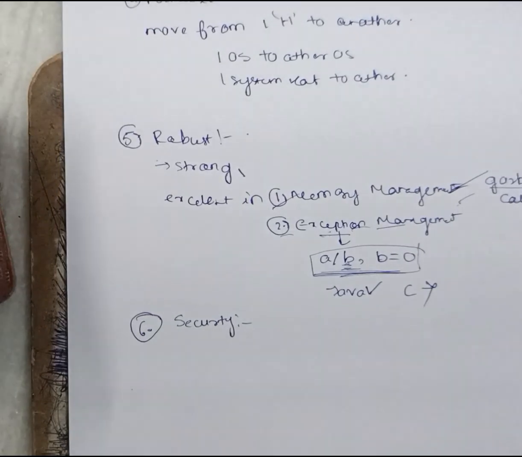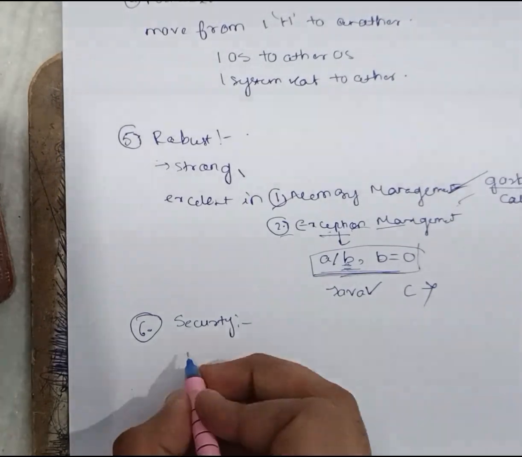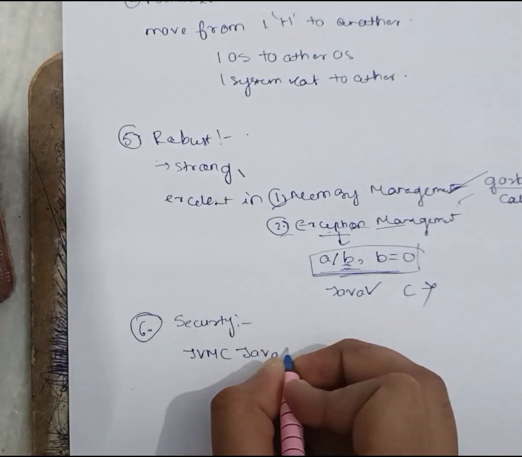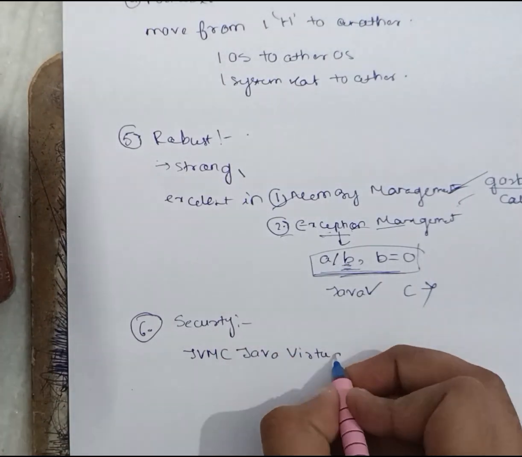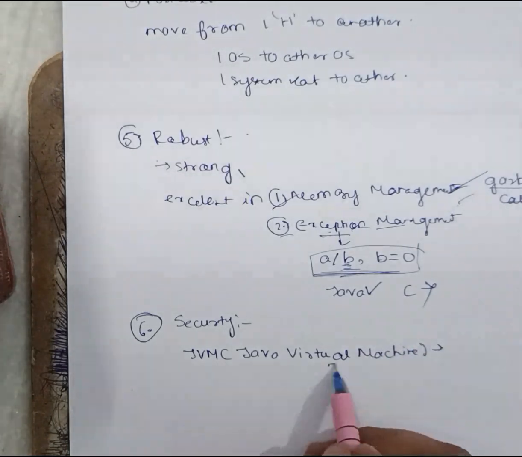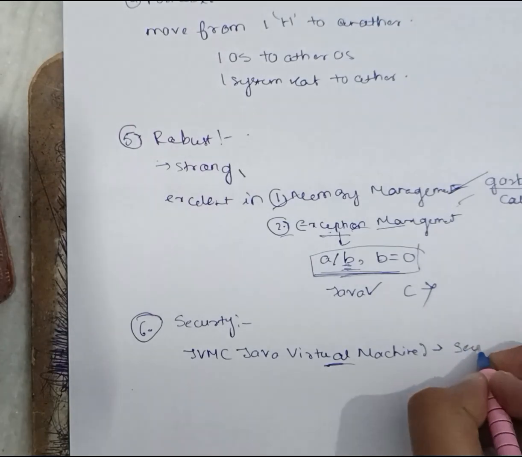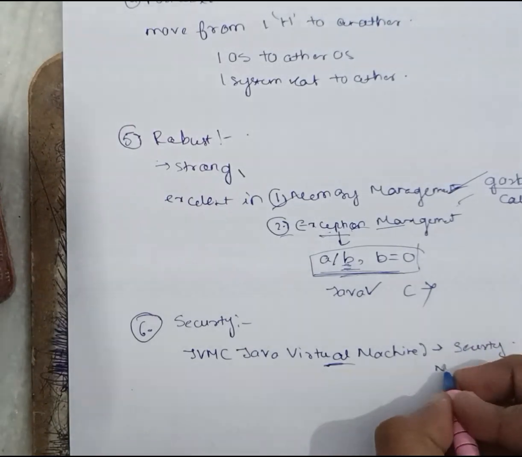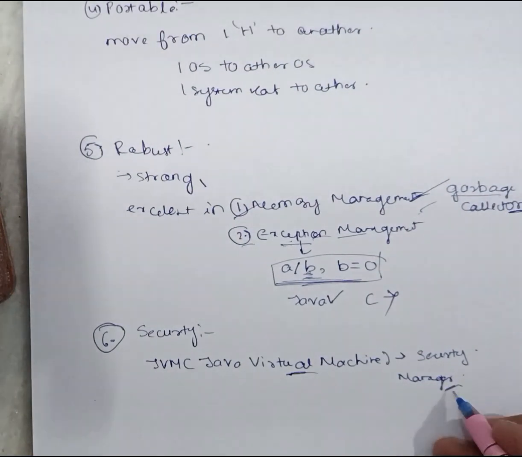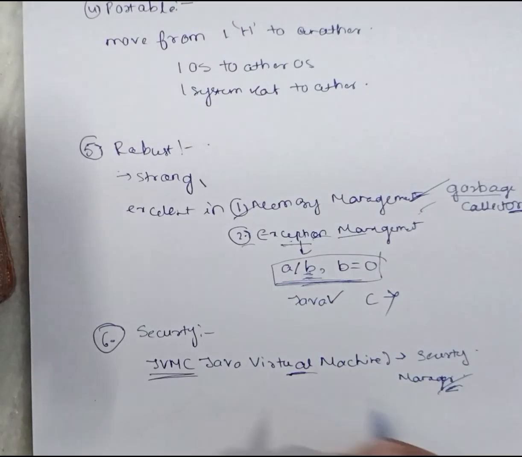Java is a secure language because in the JVM, whose full form is Java Virtual Machine, we have a security manager. The security manager will handle the security of Java, so it manages security for this JVM.